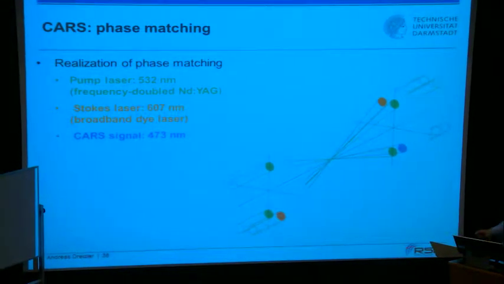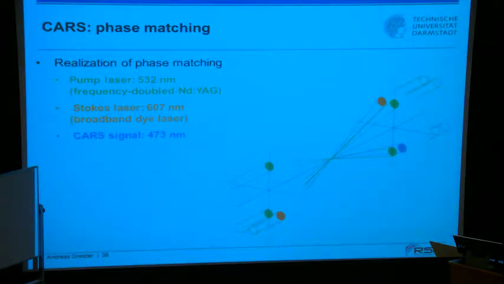And that is a very large benefit because you can collect them easily by one lens, even if this is relatively far away, maybe 300 millimeters, 400 millimeters, you do not lose any information. In fluorescence, because it's isotropic, you have to bring in your lens as close as possible. In CARS, it's not necessary. You can displace it from your probe volume by a couple of 10 centimeters.